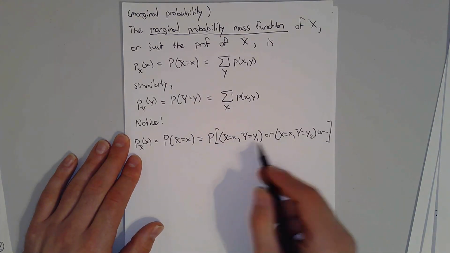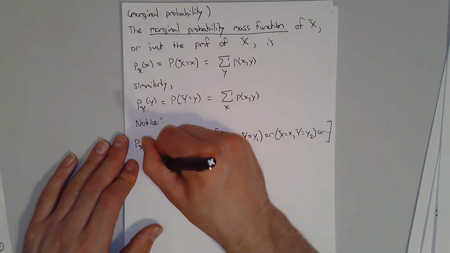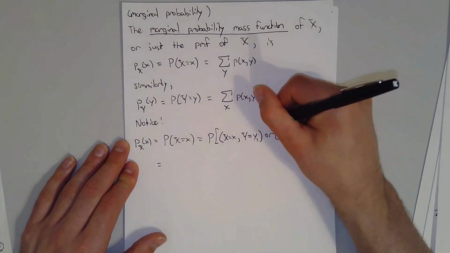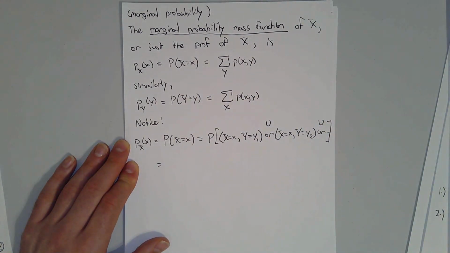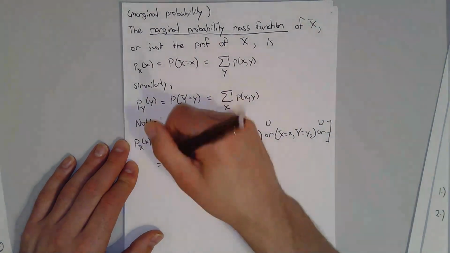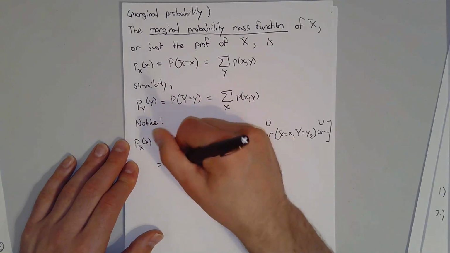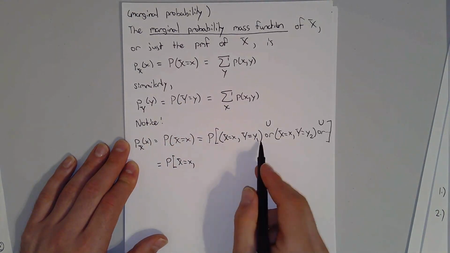Now, since each one of these events is disjoint, we can use our rule of probability. So these ORs are again just unions. So by our rules of probability, it's the probability of the first event.